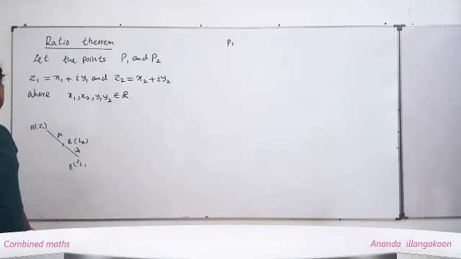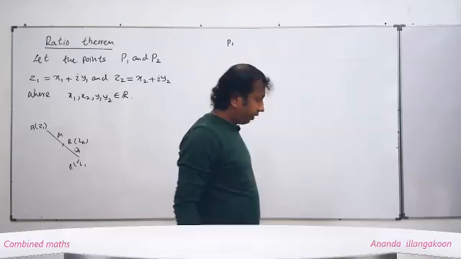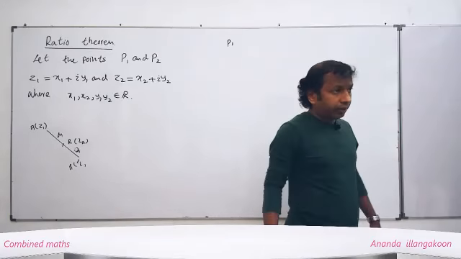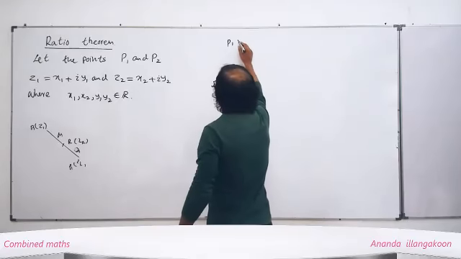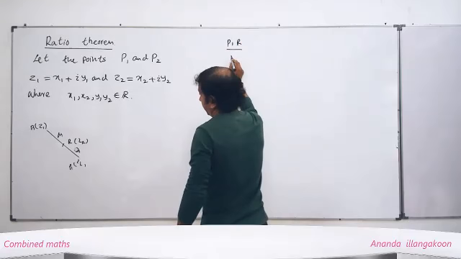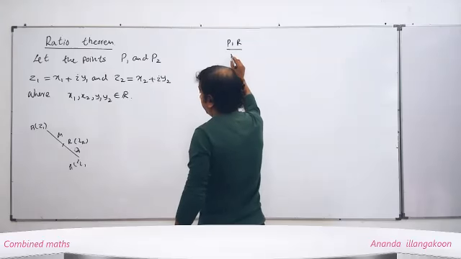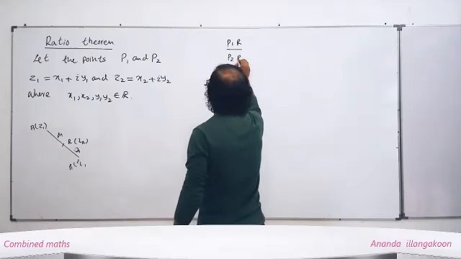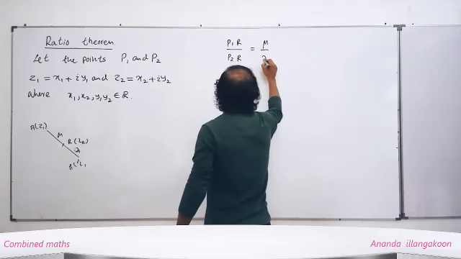People write down "divides internally." Divides internally the line P1, P2 in the ratio P1R divided by P2R equals mu by lambda.